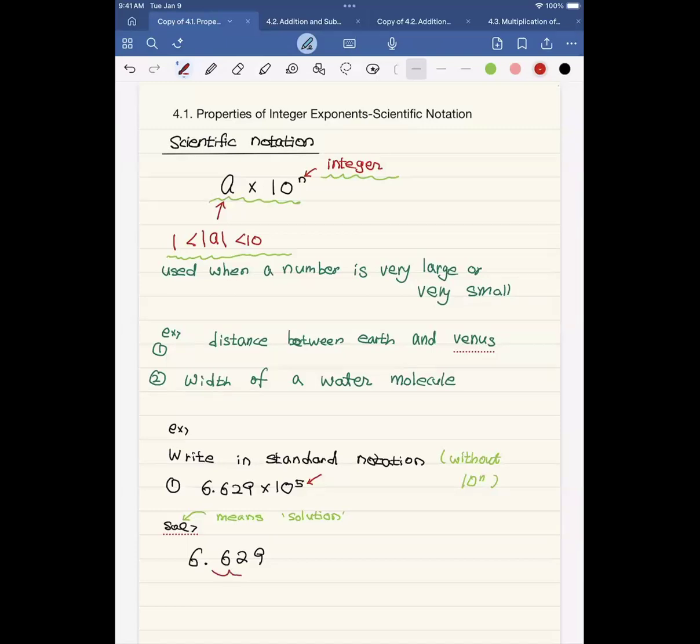So we move 1, 2, 3, 4, 5 places, so we have to write 0 and 0. So the final answer will become 662,900.